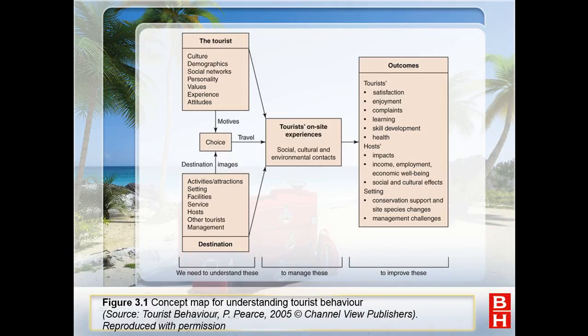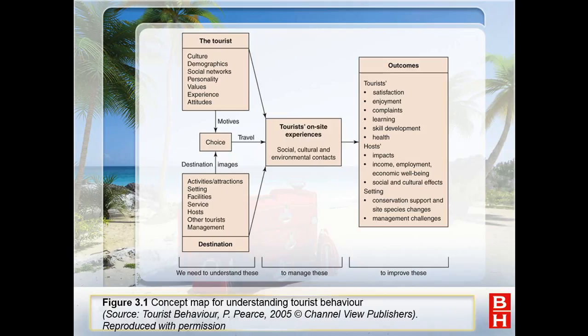Now look at the destination. Maybe France, for example. France has a set of facilities, infrastructures, activities that you can do. These can be very attractive to tourists. So this will determine your choice. Then your experience there, shaped by social, cultural, political and environmental factors.